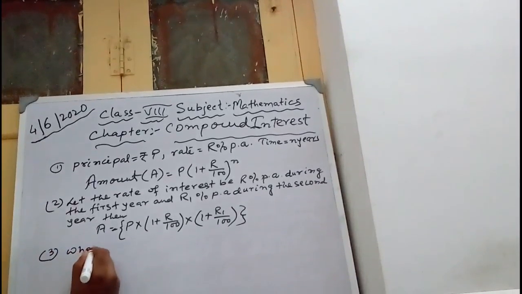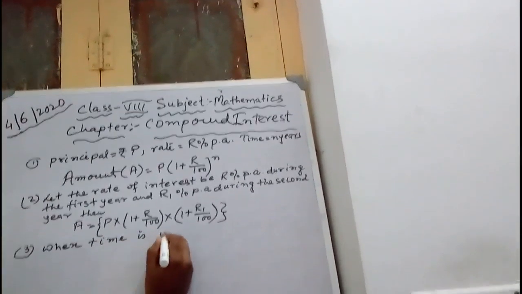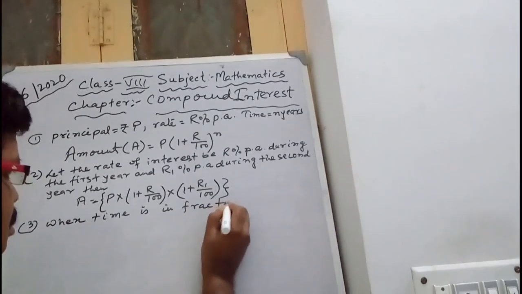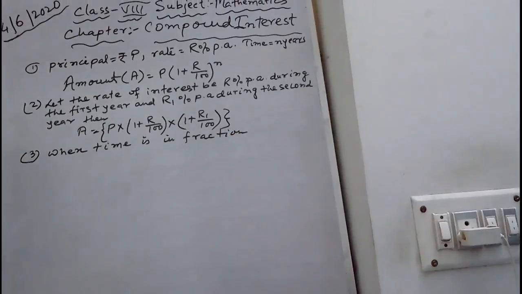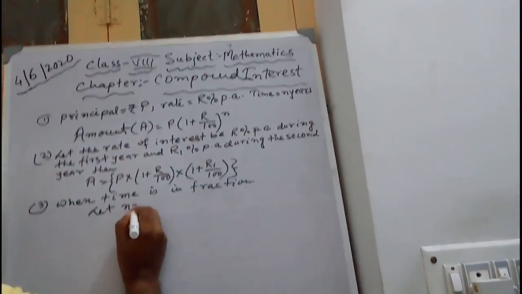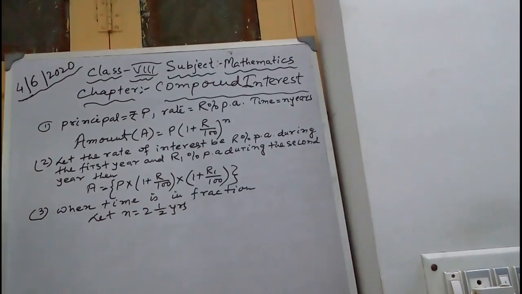When time is in fraction, let n equal to 2 and 1 by 2 years is given.